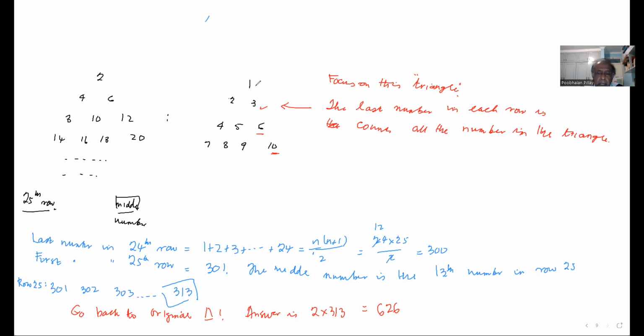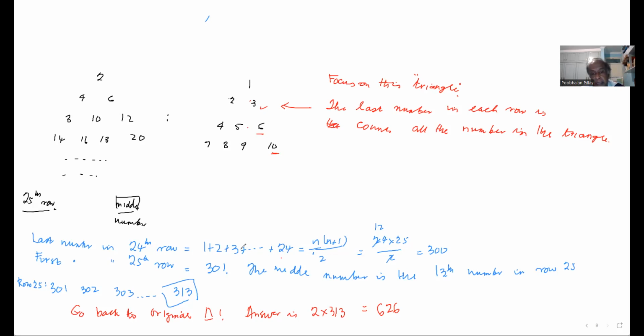And you'll see here that the first row of the triangle is 1, and here you've got 2, and you've got 3, and so on. So if you look at the last number in the 24th row, it has to be 1 plus 2 plus 3 plus 4, right, all the way up to 24. Now we know a formula for that.